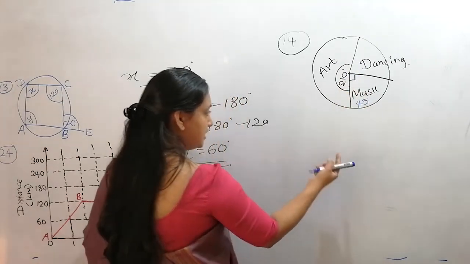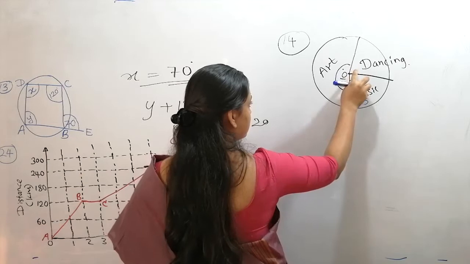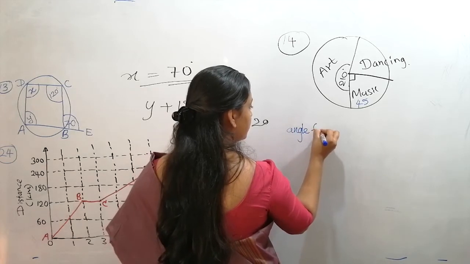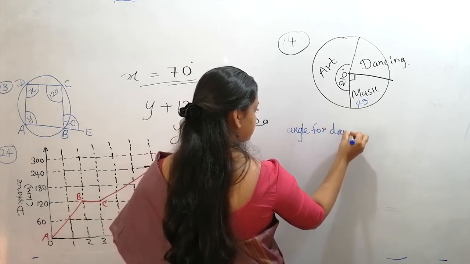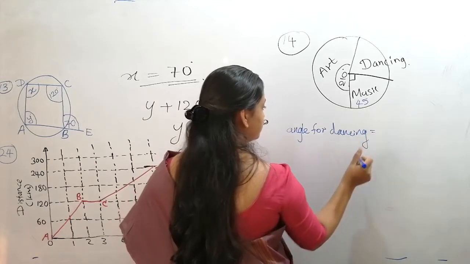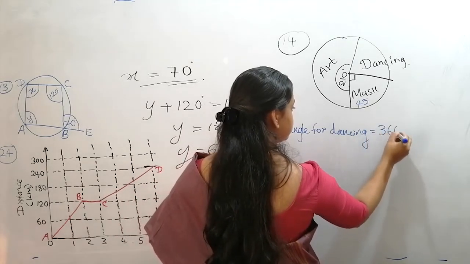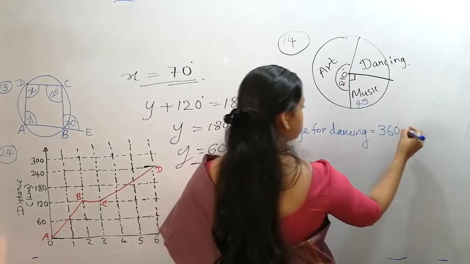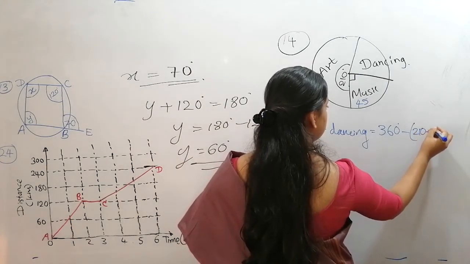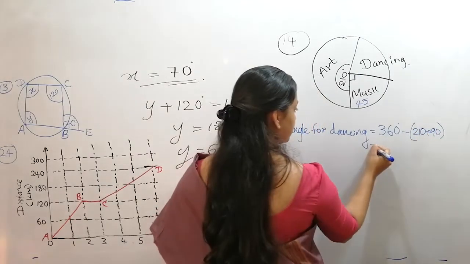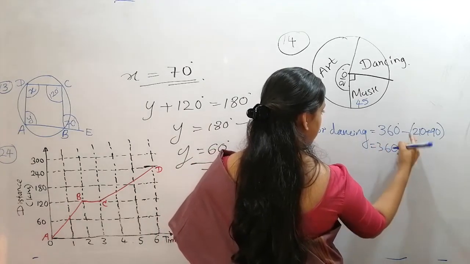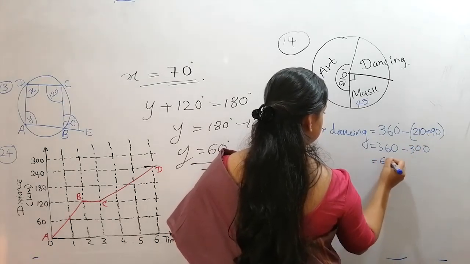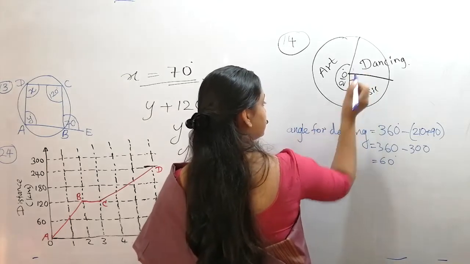The angle for dancing is equal to 360 subtract the sum of these two angles. 210 plus 90 is 300. 360 subtract 300 is 60 degrees. This angle is 60 degrees.